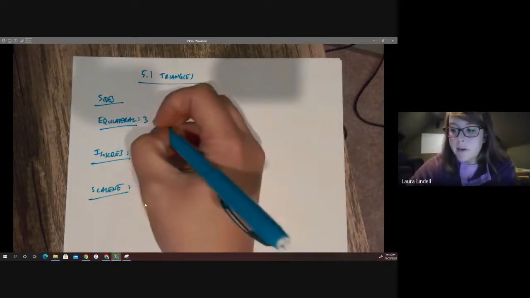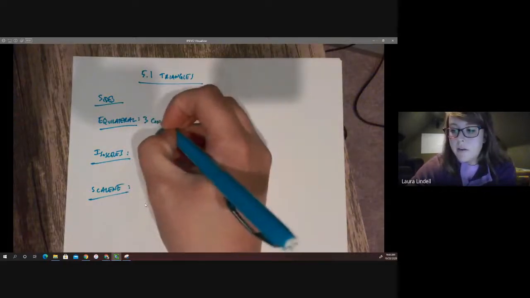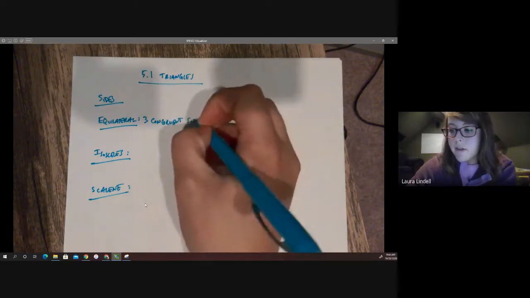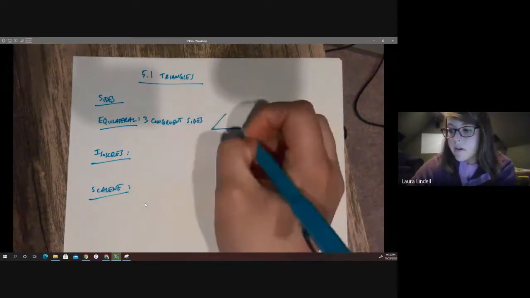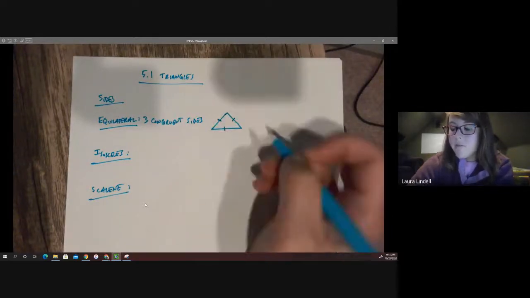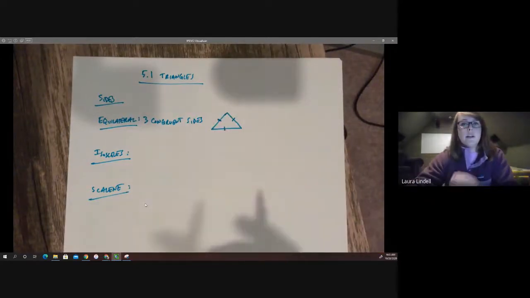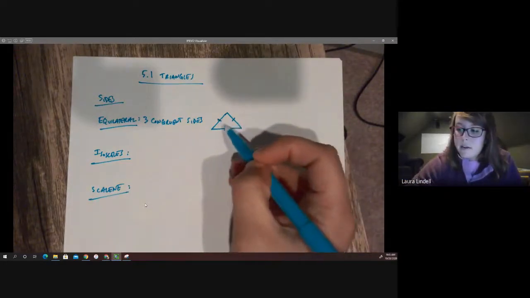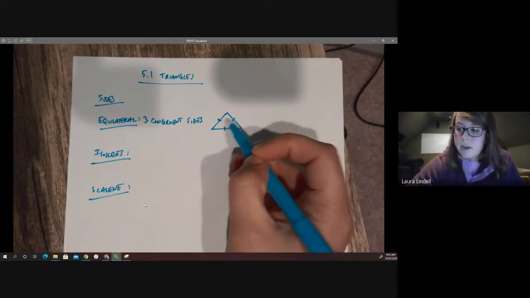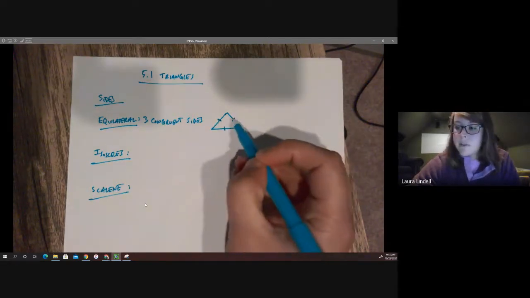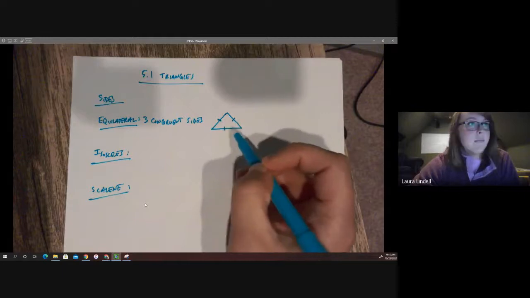So that means we're going to have three congruent sides. Three sides that all have the same measure. And remember, our notation for segments that are the same length is a small hash mark on that segment. So that would show me that these three segments are all the same length.